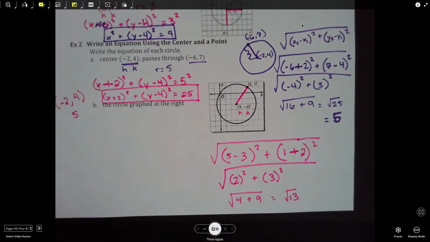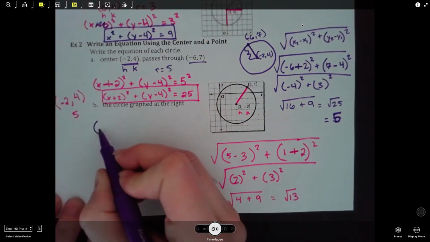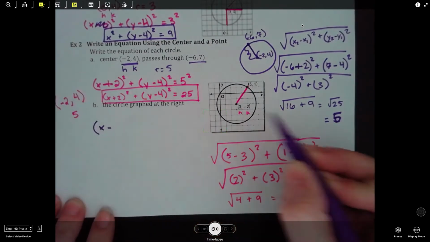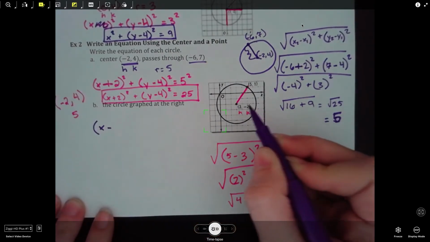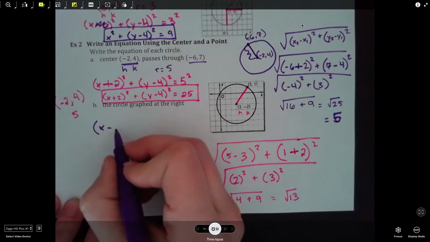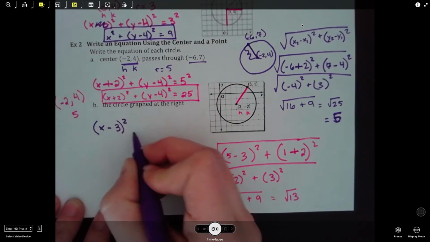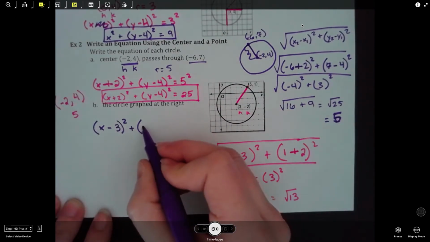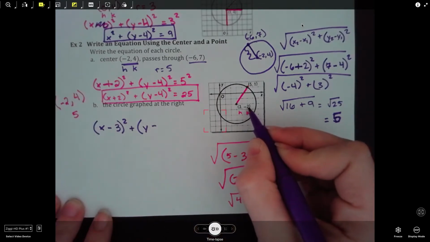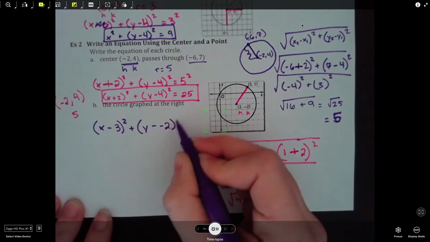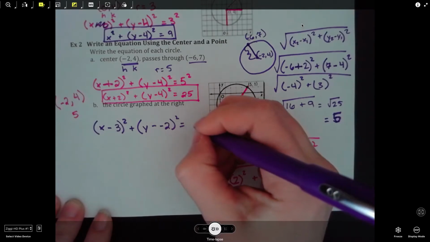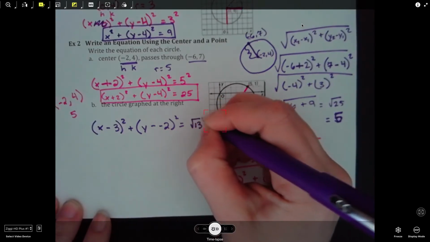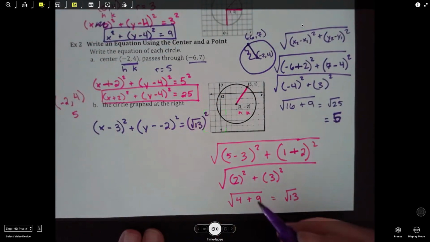And then when we plug it into the equation, I have x minus h. Now, h over here was the x-coordinate of the center, so x minus 3 squared plus y minus k, and k was a negative 2, squared, equals my r squared, the square root of 13 squared.